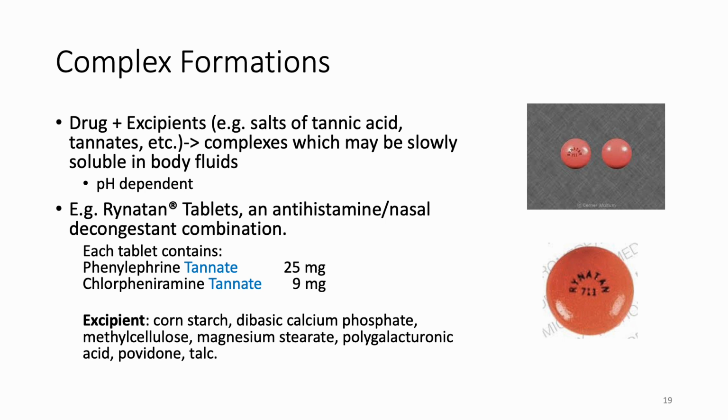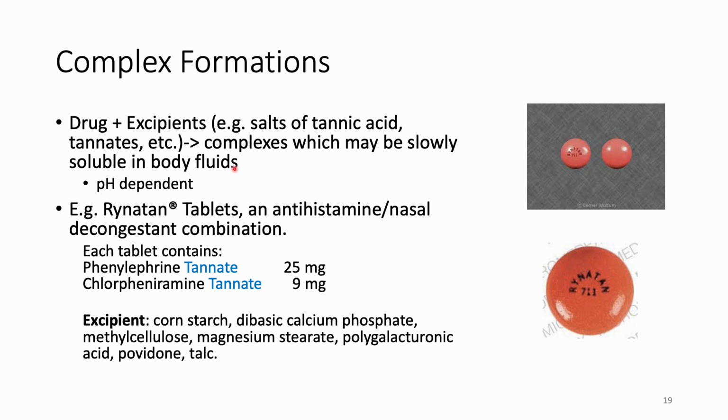Another technology to make extended release is making complex formation. For this technology, the drugs will be combined with excipients, for example salts of tannic acid, or tannate, etc., to make complexes. And this complex may be slowly soluble in body fluids, and the solubility will be dependent on the pH.